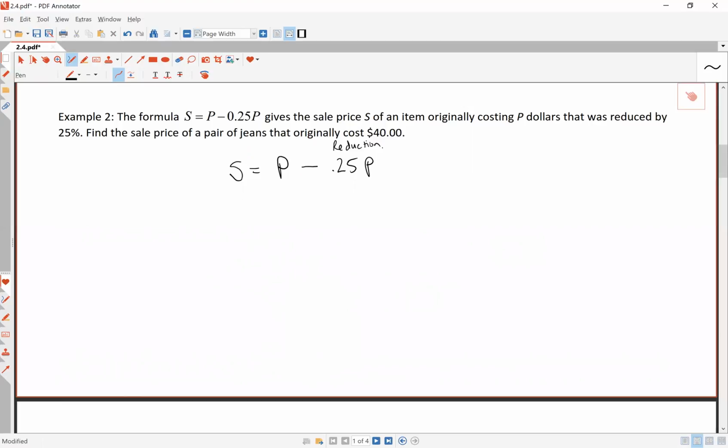So find the sale price of a pair of jeans that originally cost $40. The original cost is P dollars, so we are going to take an original cost of $40. If we evaluate this formula when P equals 40, we have 40 take away 0.25 times 40.